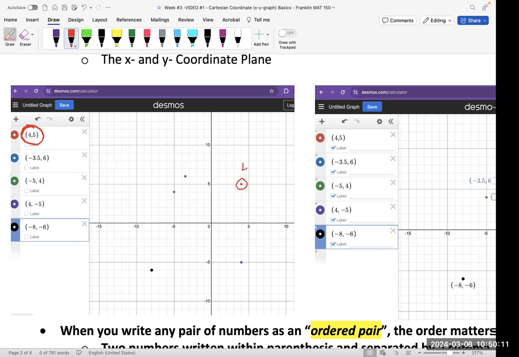This point right here is found at location or address 4, 5, because the first number is your x, the second number is your y. In blue, -3.5, 6, start at the origin, go left 3.5, and up 6. And that is the location or the coordinate of -3.5, 6.